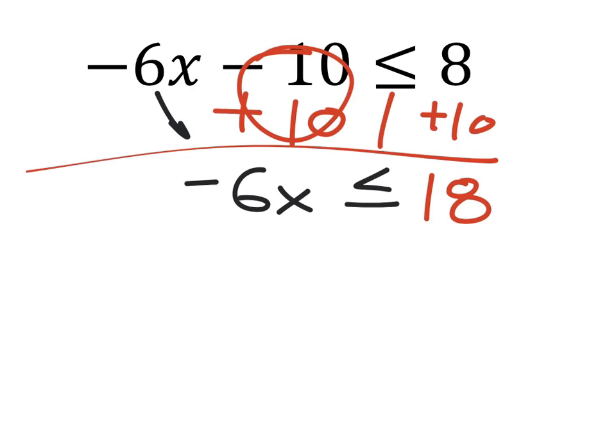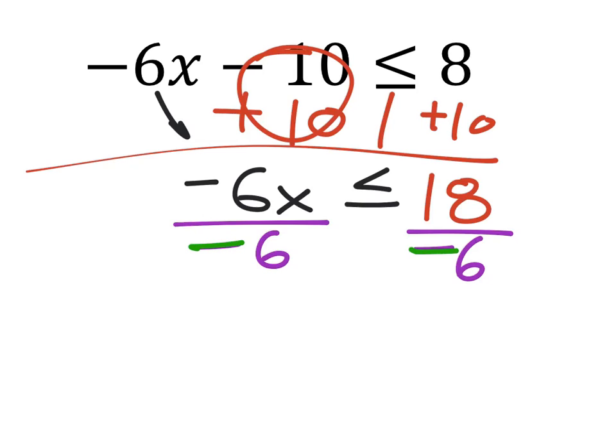Now, once we get to this point, no matter how much work we've done before it, once we get our x's isolated, and we're comparing it with a number like this, then we have to use either a multiplication or division property of equality, which in this case would be dividing both sides by negative 6, like this. Now this is exceptional because we haven't multiplied or divided both sides by a negative yet, and this is a negative 6.